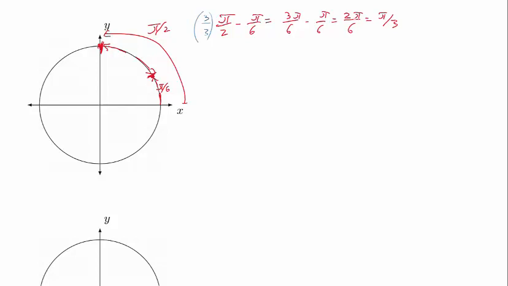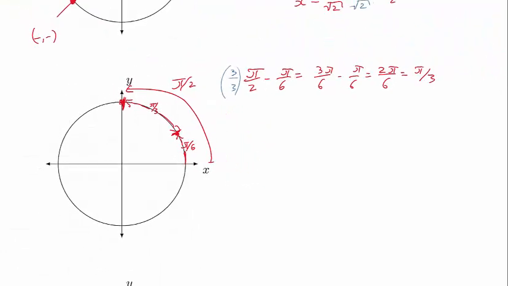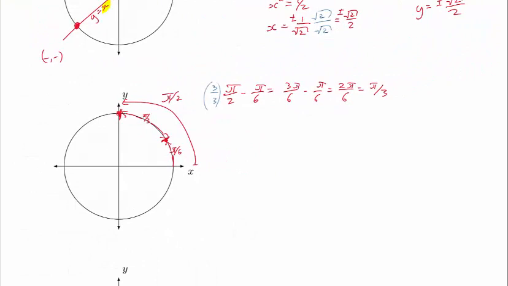So this distance here is pi over 3. Okay. So now we went counterclockwise pi over 6. We're going to go down pi over 6 now. It's about right here.